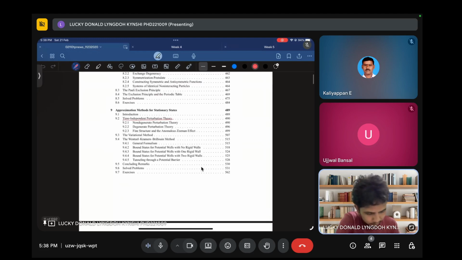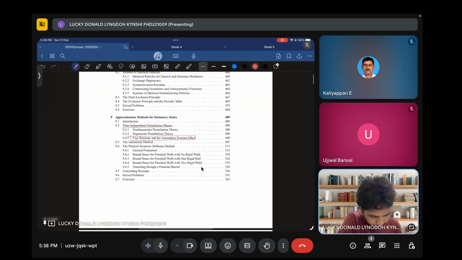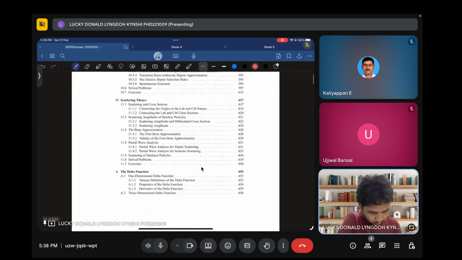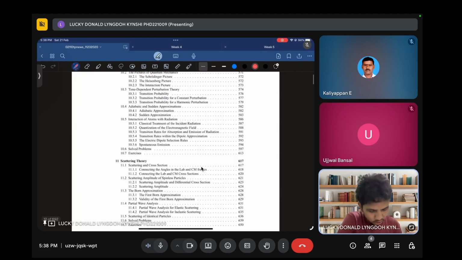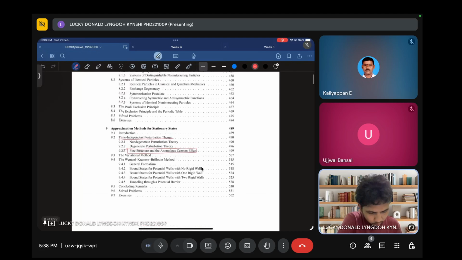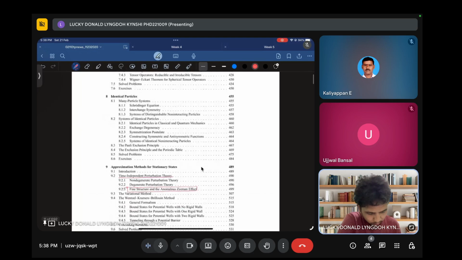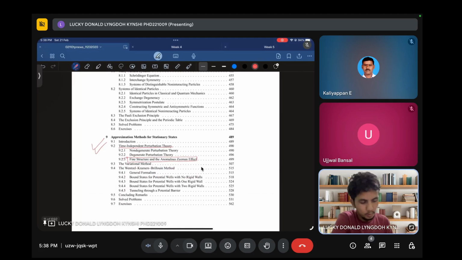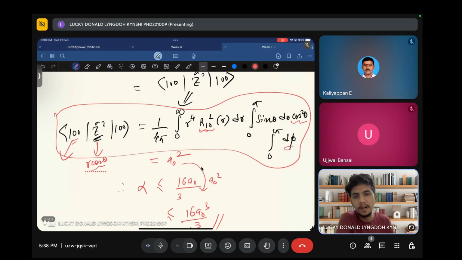Yeah, I think this is related to your Stark effect, fine structure and anomalous Zeeman effect. In chapter 9 you can have a look, and there are also solved questions related to your Stark effect. You go back there if you don't understand whatever I'm doing here.